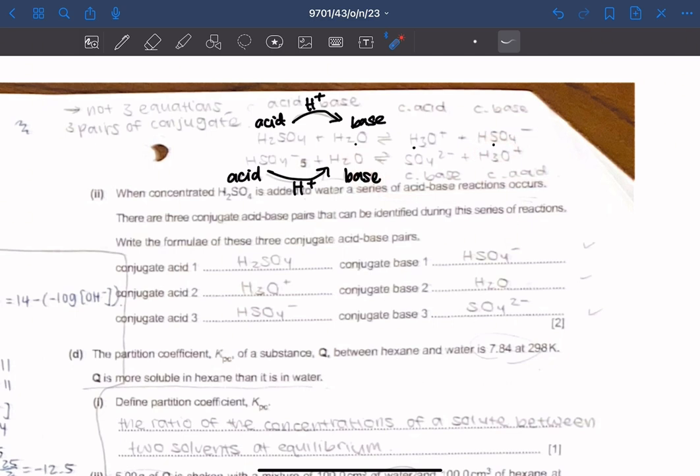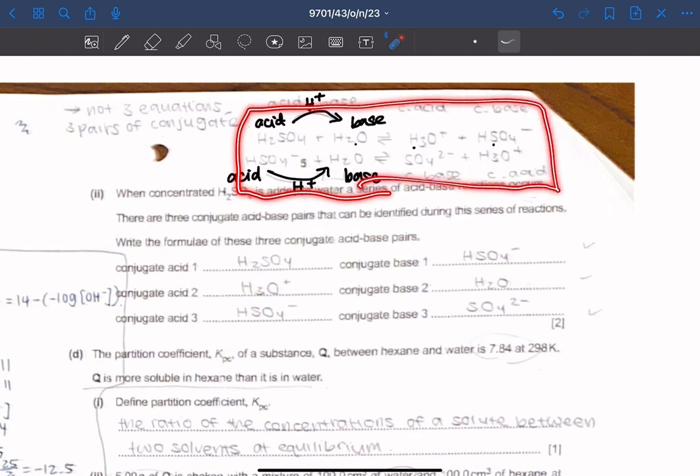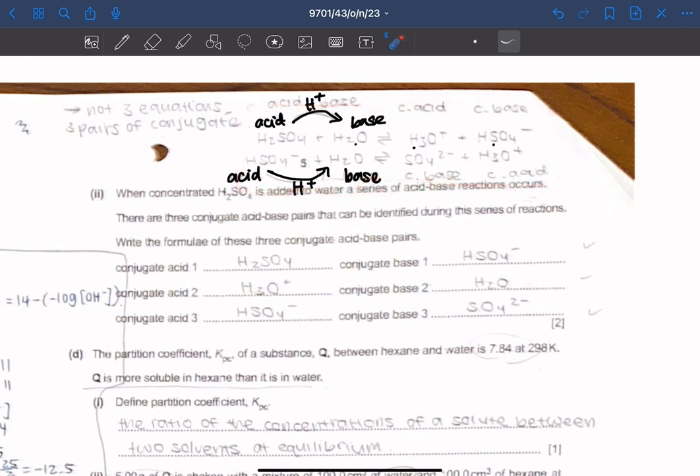So these 3 pairs of conjugate acid-base pairs does not necessarily mean that there would be 3 equations. There's actually only 3 pairs of conjugate acid-base pairings in these 2 equations. So first is acid and conjugate base, H2SO4 and HSO4−.